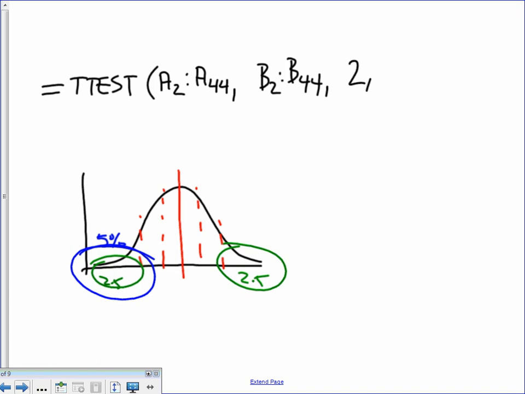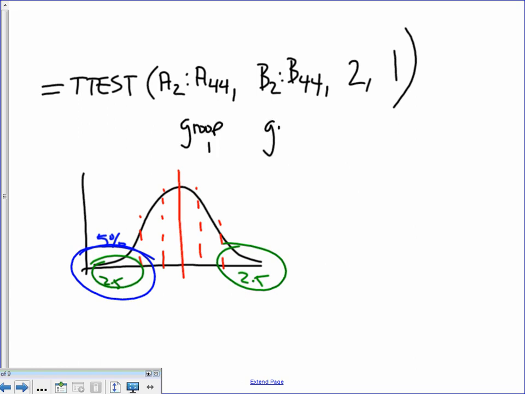The final number we put in is a 1, and there's again a comma, space, and then a parenthesis. And what the 1 means is it's a paired test. We have one source of data. Both columns of data come from one group. If this was an unpaired test, we'd put a 2, which means both columns come from separate groups of data. So that's what the formula looks like. So you've got your group 1 data.